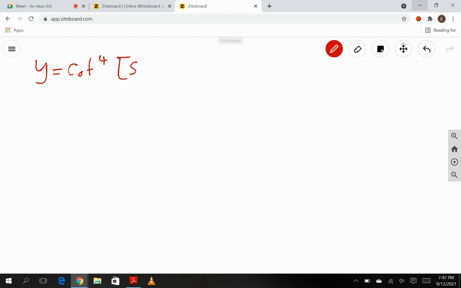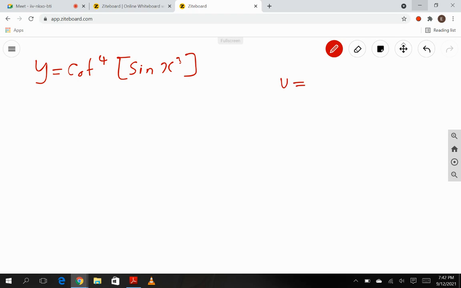So then we've got our sine x cubed. So how do you go about this? Again, the concept is always the same. So you first have to define what your u is.